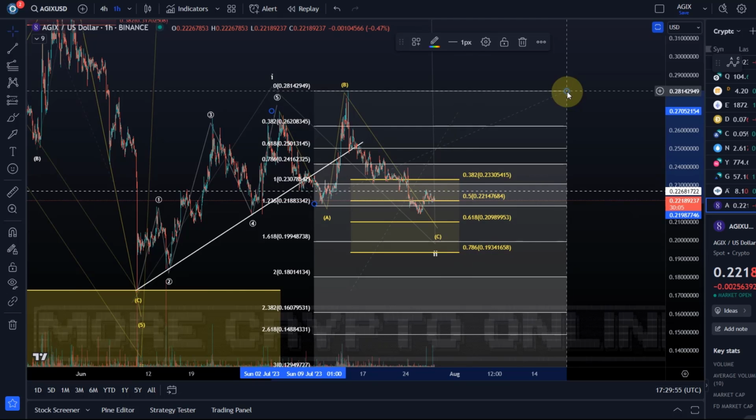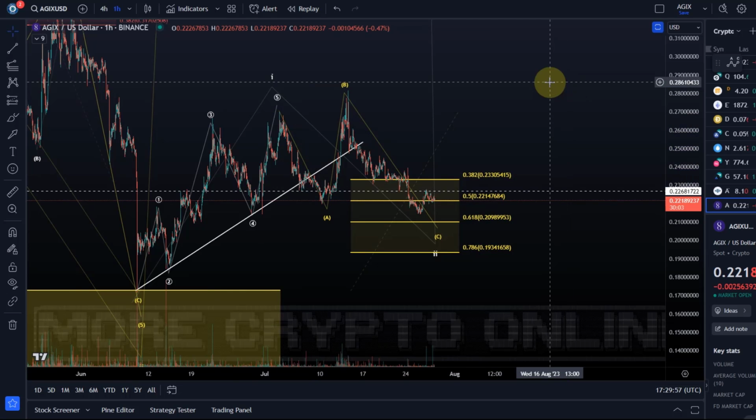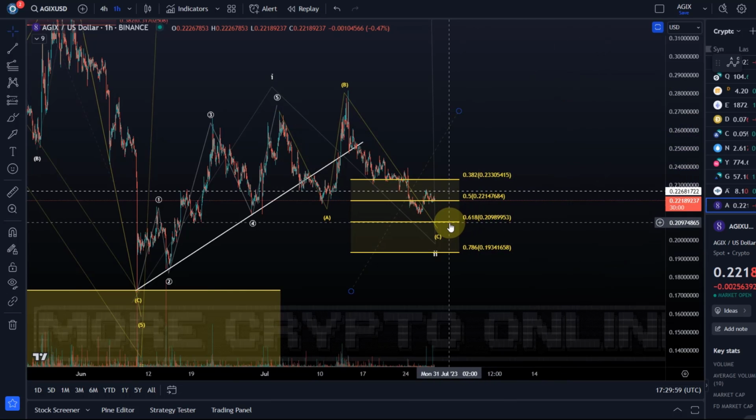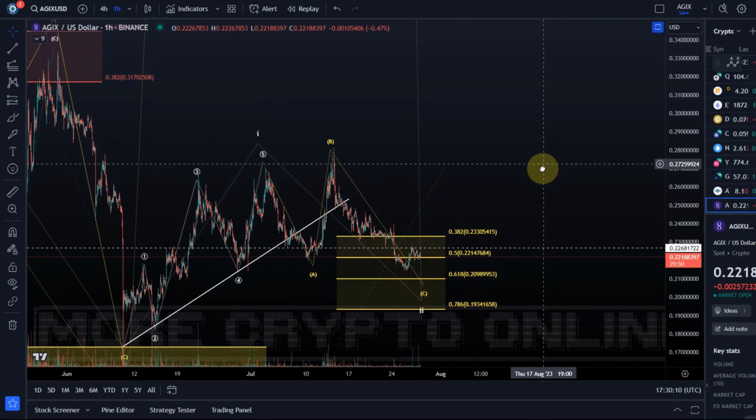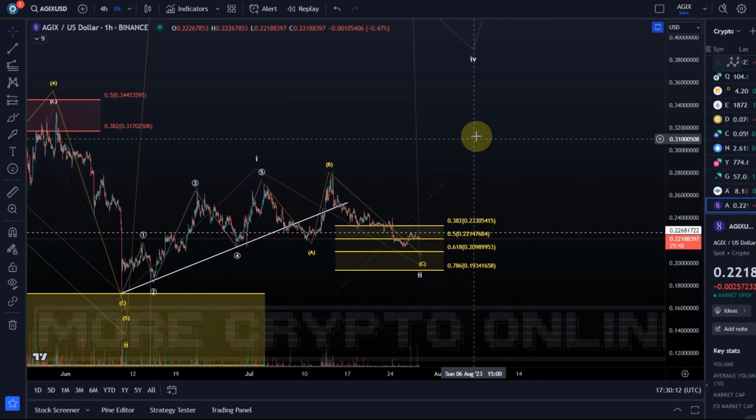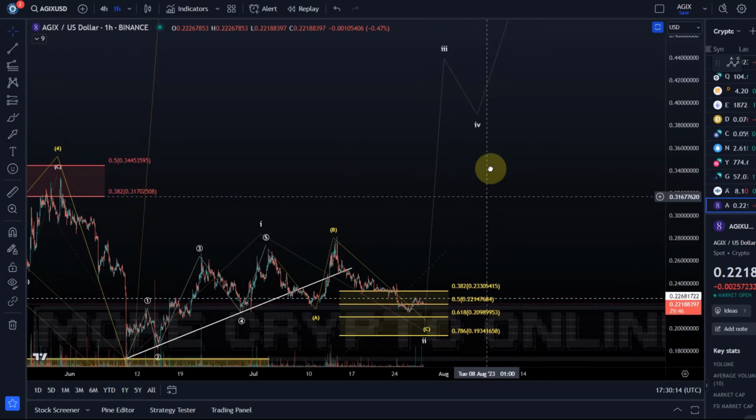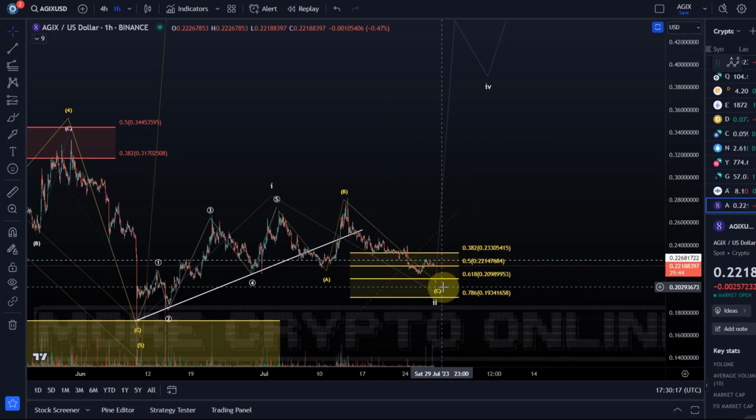So if we get one more low, then I think a key target or support area would be between the golden ratio, the 61.8 retracement at 20.9 cents, and the 78.6 retracement at 19.3 cents. Then a reaction to the upside in the third wave is likely, but only if we get really a reaction in this area. Only then a rally can start in a third wave.